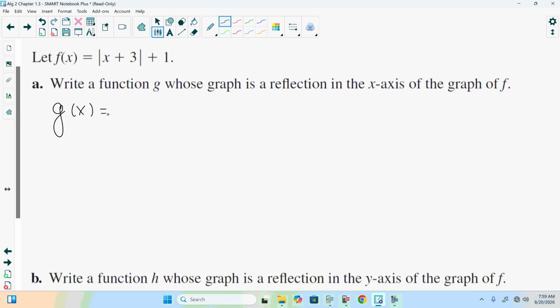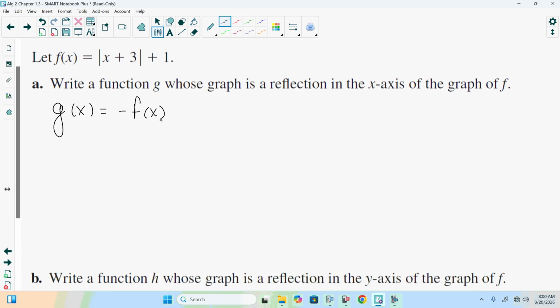So our general function would be g of x. So we have g of x in the general form for reflection in the x-axis is negative f of x. Where f of x is really just our function we're saying we're applying this to.